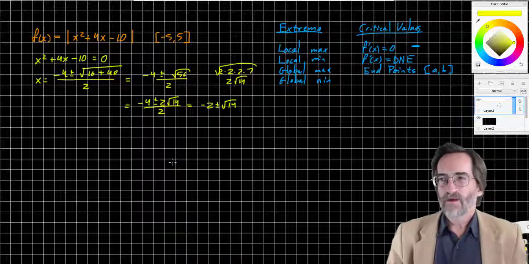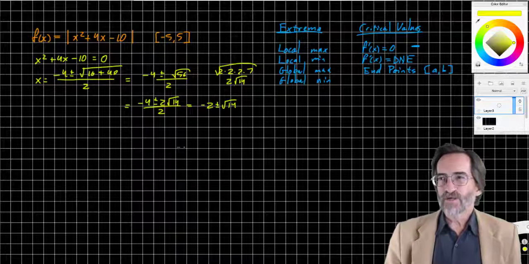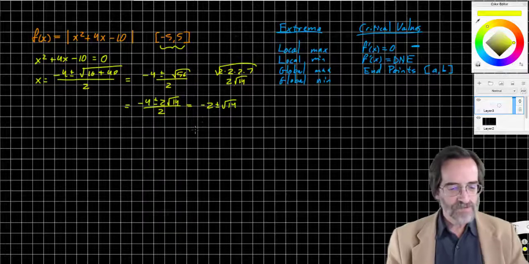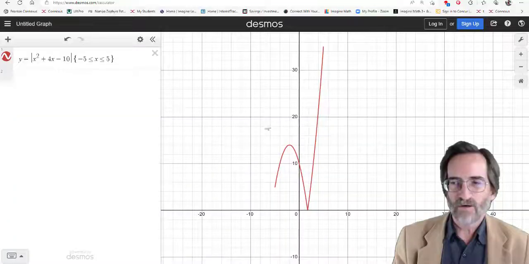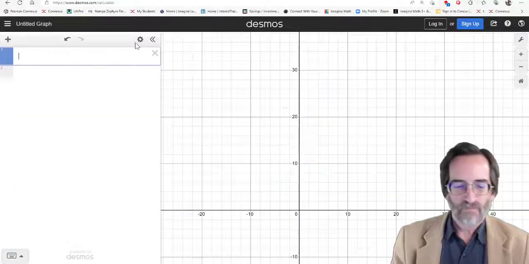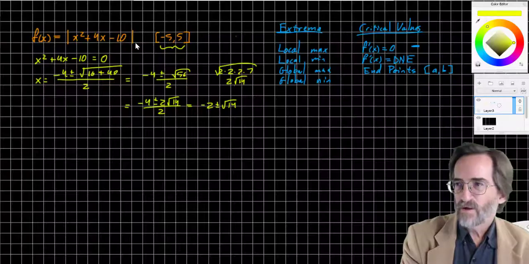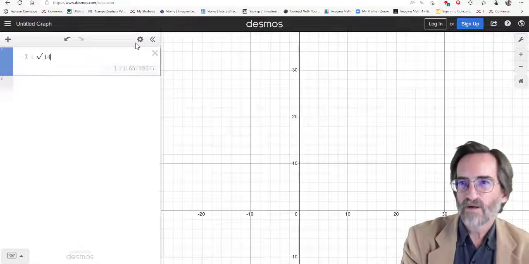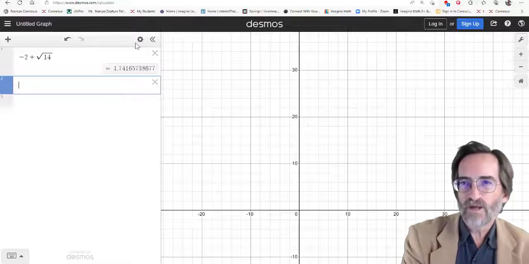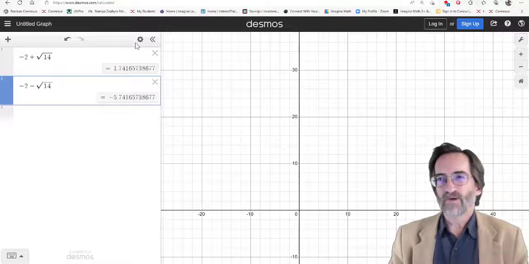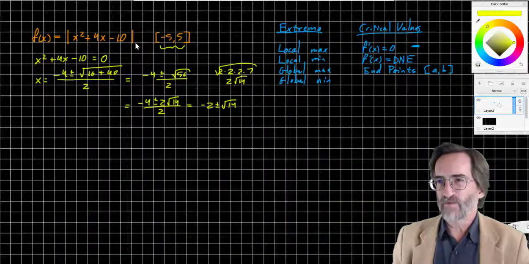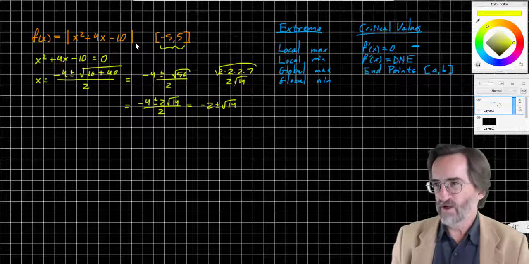So the question is, which of those are in the domain from -5 to 5? Let's crunch that on a calculator. -2 plus the square root of 14 is about 1.74. -2 minus the square root of 14 is outside the bound. So -2 plus the square root of 14 is a critical value. It is a point of a cusp.